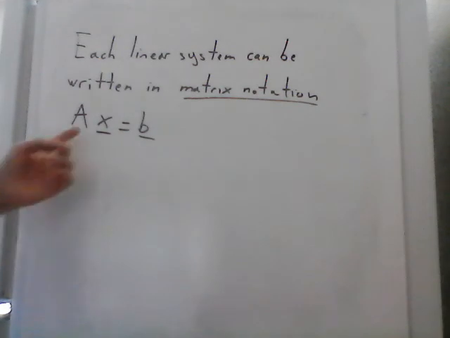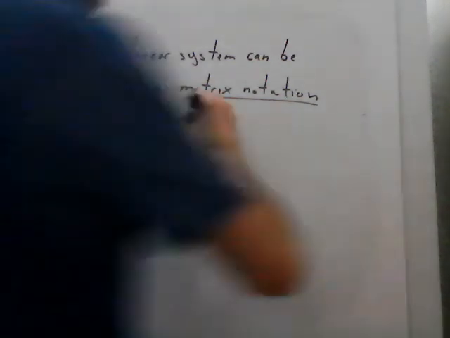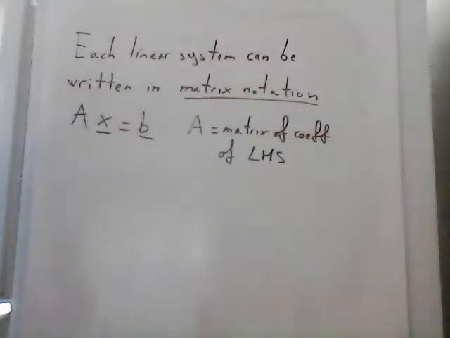So how to obtain these A, x, and b? A is the matrix of coefficients of the left-hand sides of the equations.